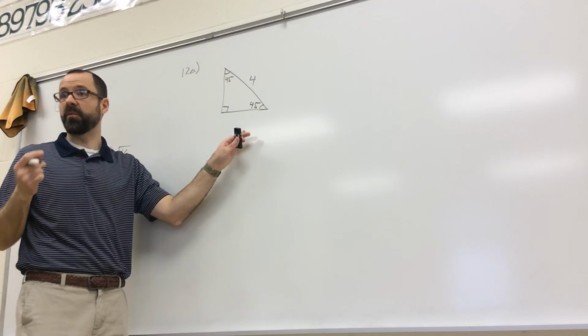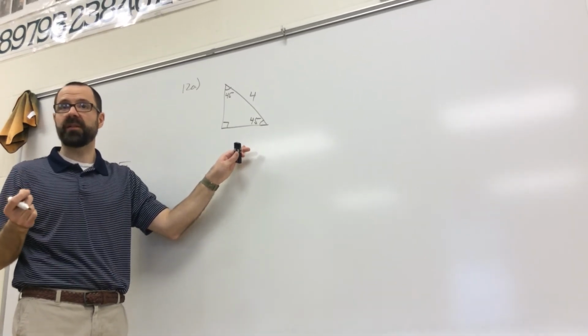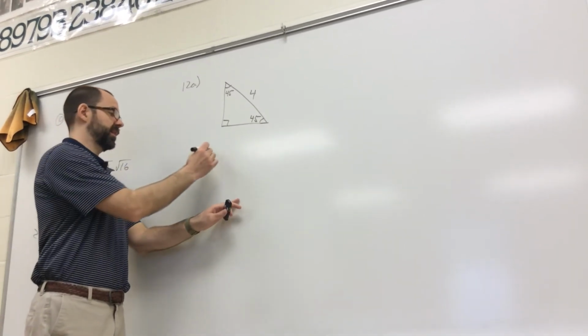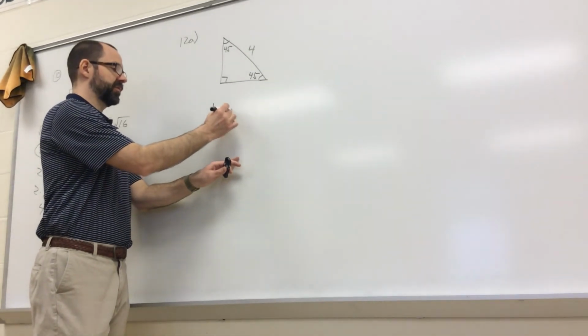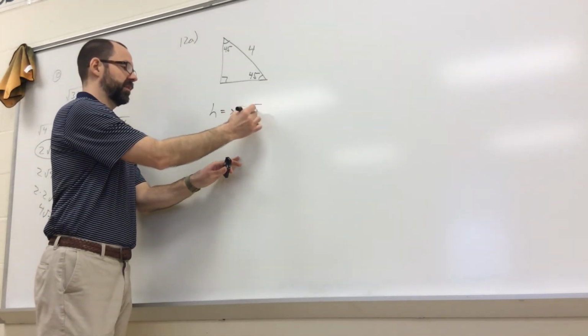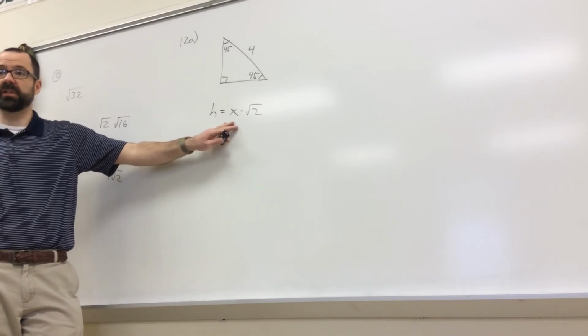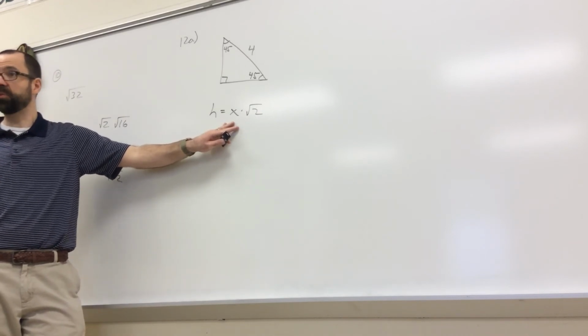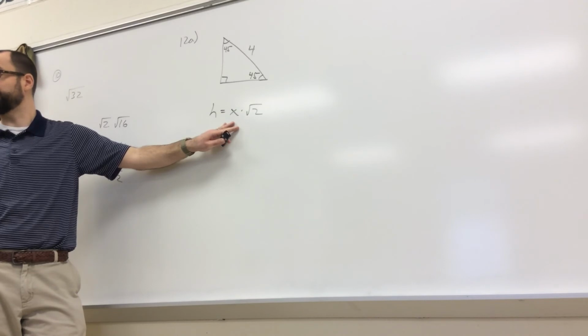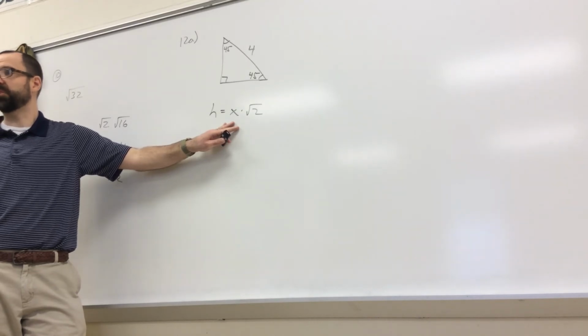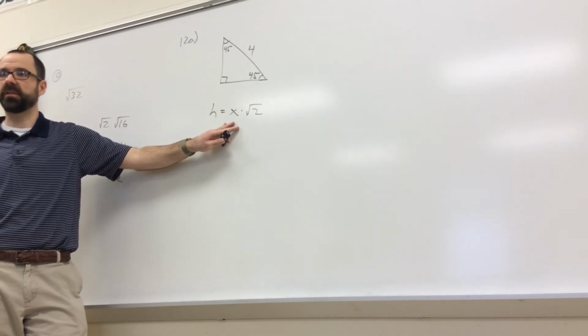And there's a formula that just works on 45, 45, 90 triangles. And that is the hypotenuse equals the leg multiplied by the square root of 2. So this formula is fair game only on the 45, 45, 90 triangle. And that's why we don't have to use sine, cosine, or tangent.